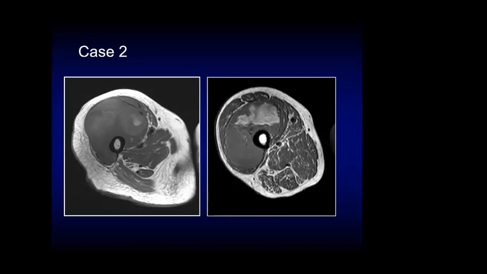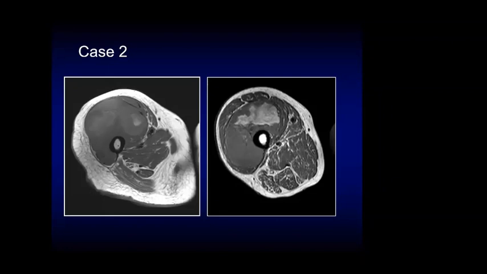And regarding the relation to the surrounding structures, it's in close contact to the femoral bone. The neurovascular bundle is located on the medial aspect of the mass, but I think they are not involved with the mass. Okay, so how do you know the tumor is not involving the neurovascular structures? There's a fat plane or fascia between the neurovascular bundle and the mass.